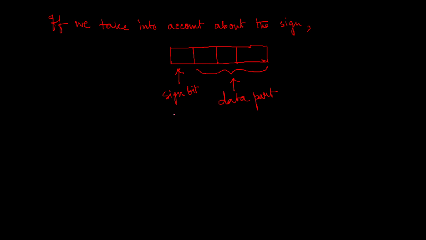And what does the sign bit mean? Sign bit means that if the number is positive, then this sign bit will be equal to 0. If the number is negative, then the sign bit will be equal to 1.